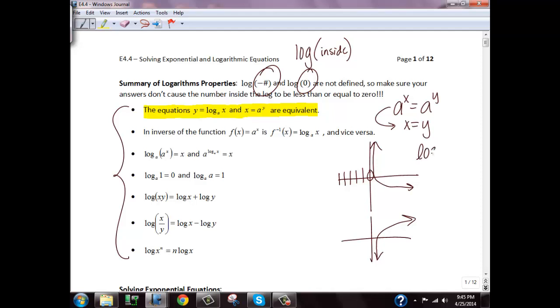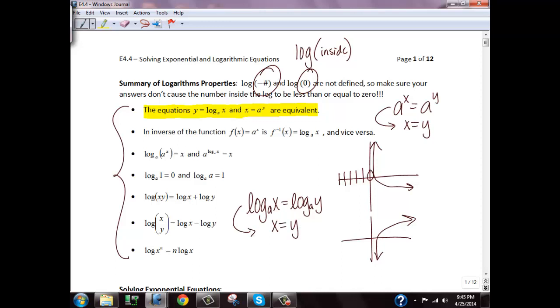If we have log base a of x equals log base a of y, as long as we have log base a on both sides with no coefficient on them and only one log term on each side, then we can drop the logs, and this means that x equals y.